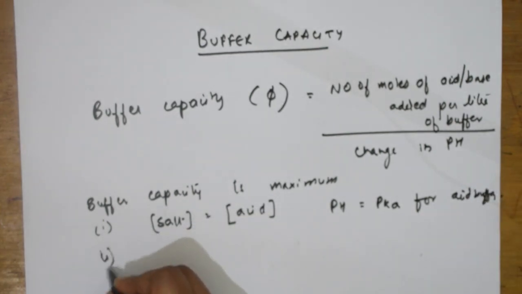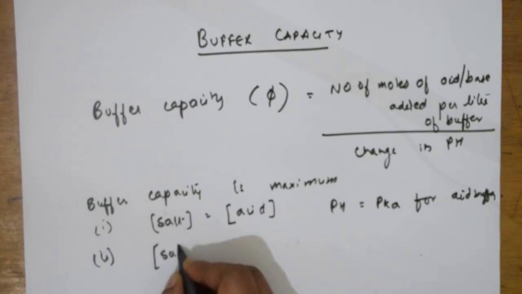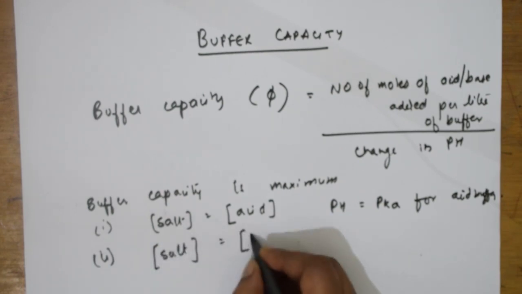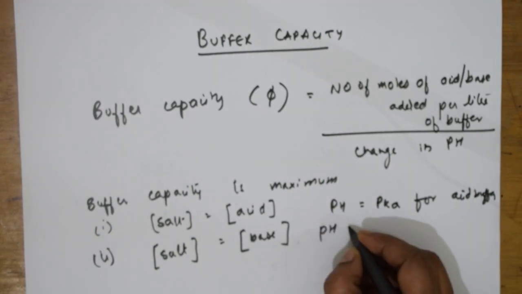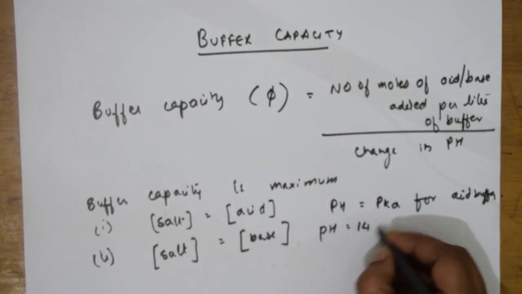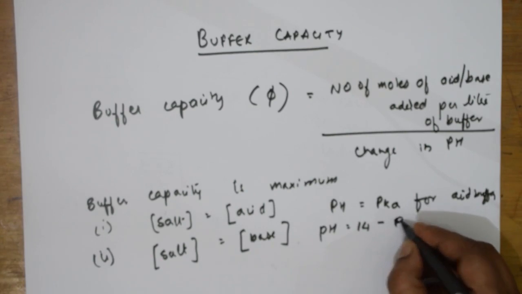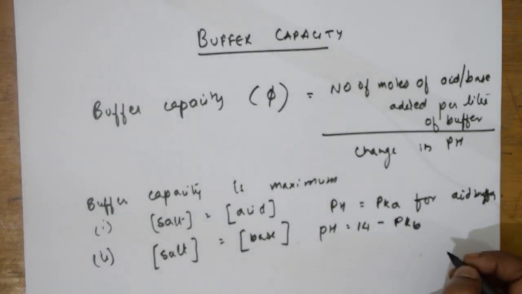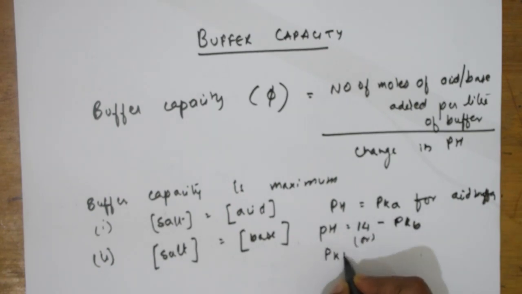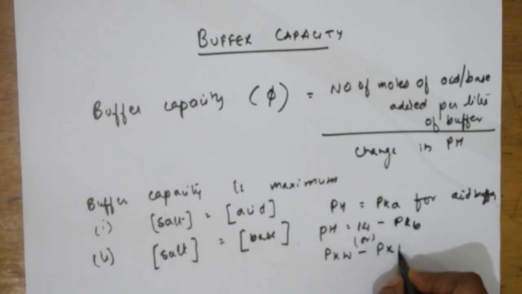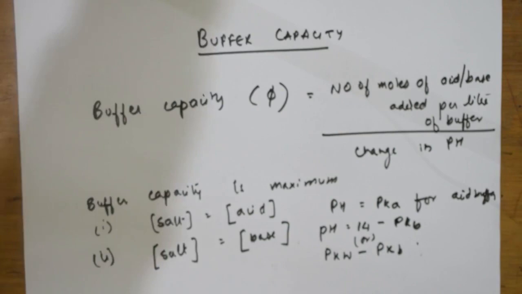Next, buffer capacity will be maximum when salt concentration is equal to the concentration of the base, that is pH is equal to 14 minus pKb, or pKw minus pKb. This is the concept. When you do the numericals, you will understand what I am trying to explain.